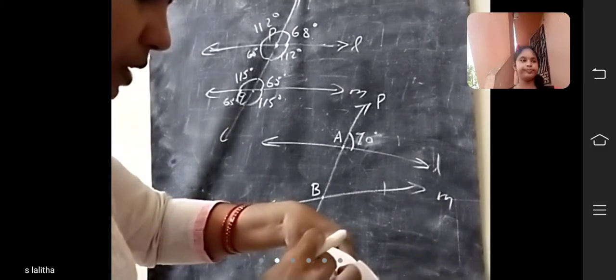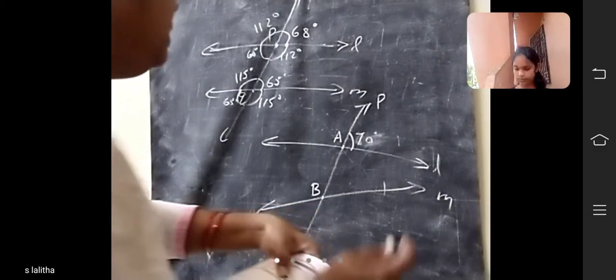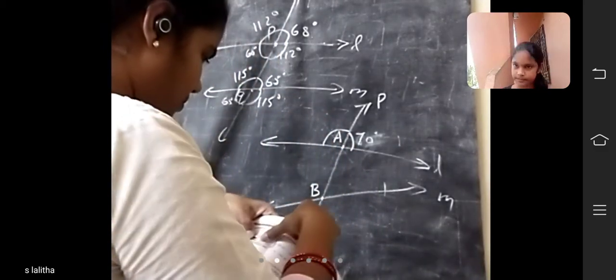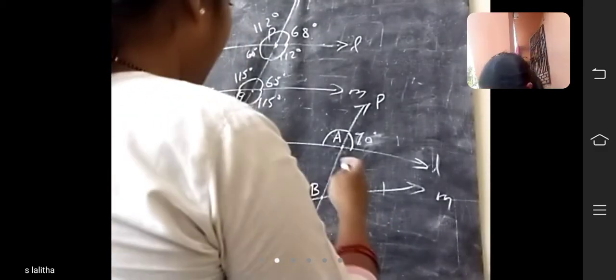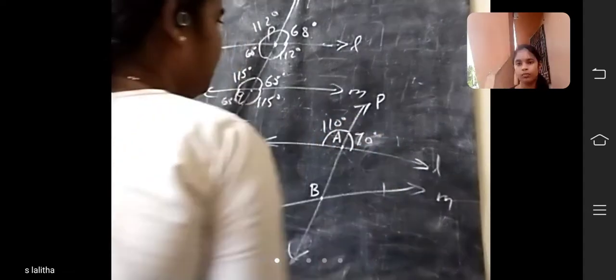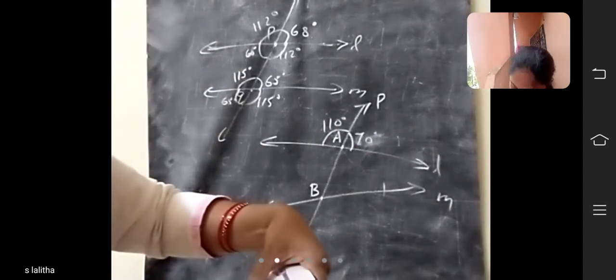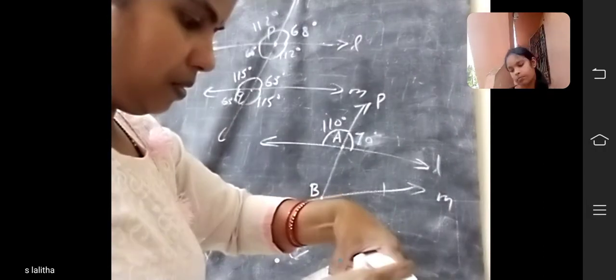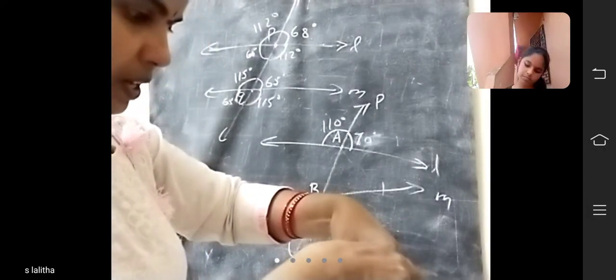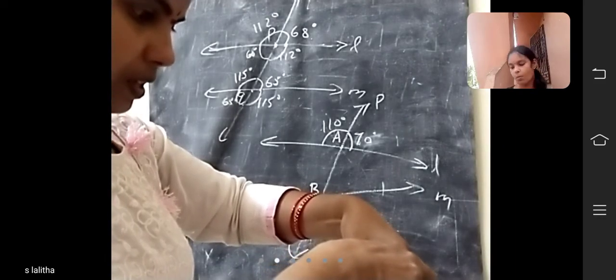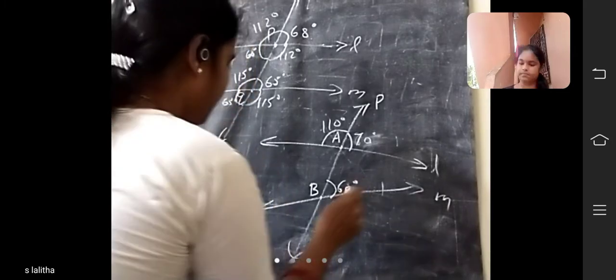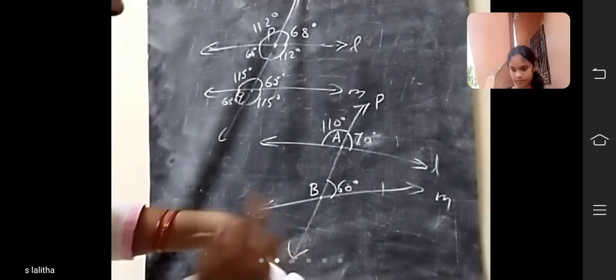And this side, how much will we get? 110 degrees. Yes, 110 degrees. Okay, like that, keep it on B. What will you get here? Yes, exactly, it is 60 degrees. And the other side, 120 degrees.